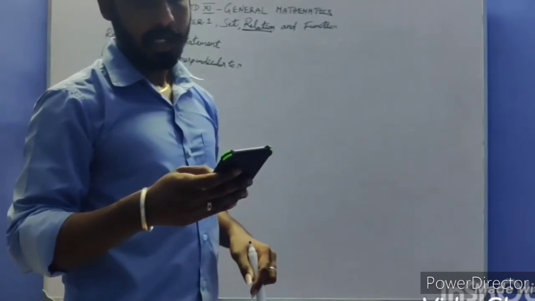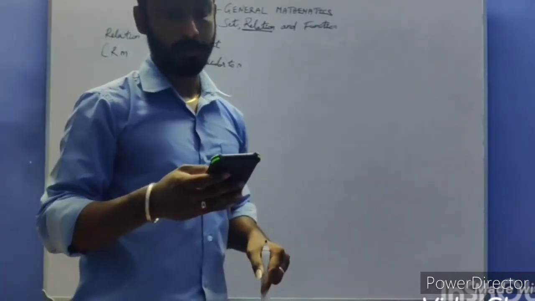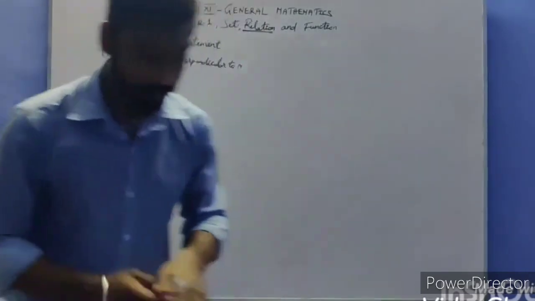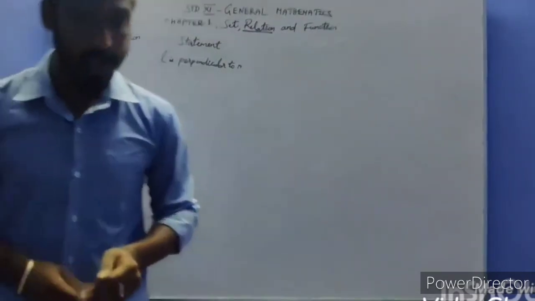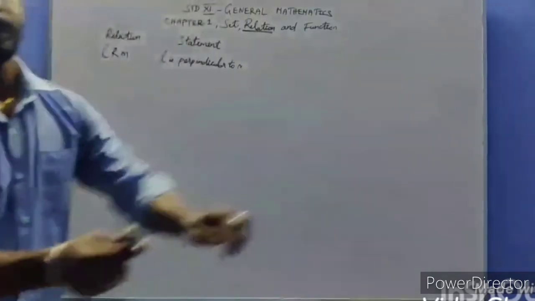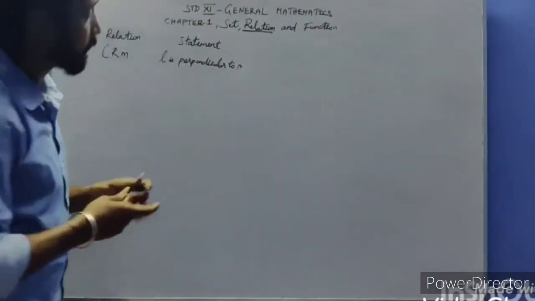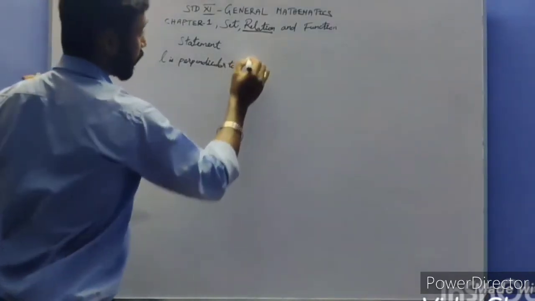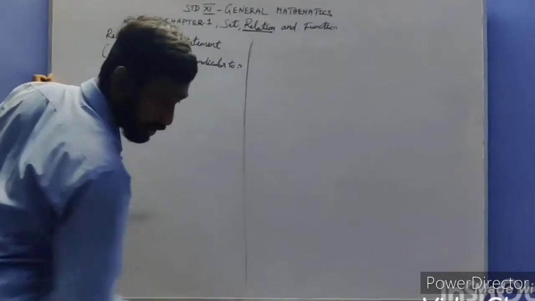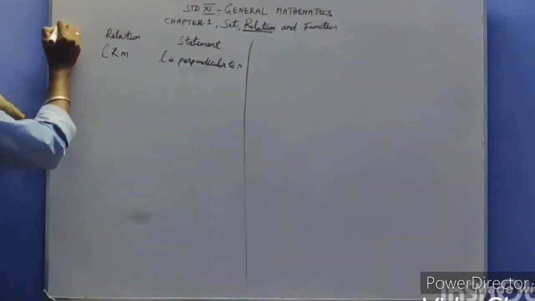The relation R is defined by A related to B if A is not a sister of B. What is the condition they are giving here? A is not a sister of B. First we have to write the relation, then the statement.